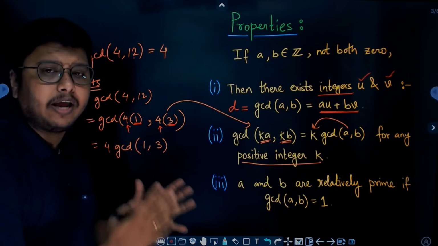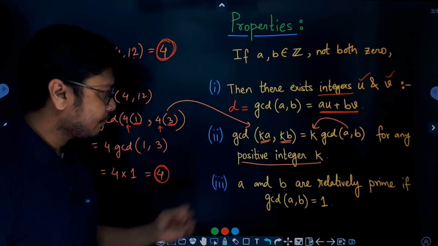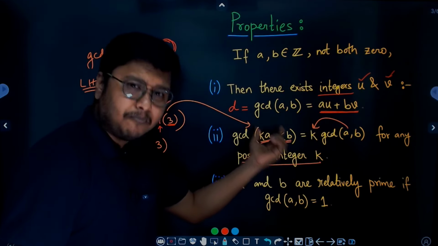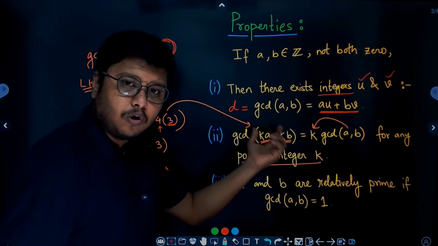So the GCD of 1 and 3 is 1, and that would give me 4 as my answer, which is exactly the answer I should be expecting, right? So this property has been verified using an example. Remember that whenever there is some positive constant we can take common from both our integers, we can bring it outside the GCD.